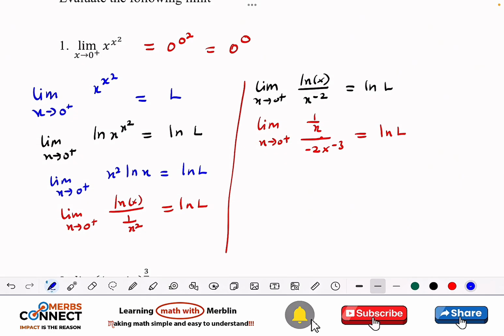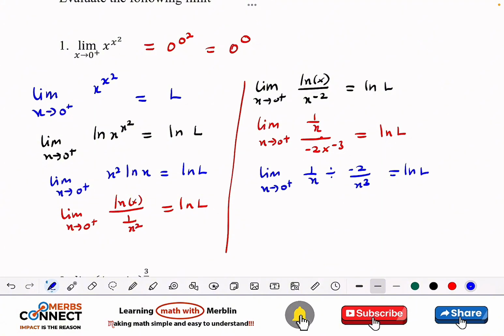So simplify this, and you are going to have the limit as x approaches 0 from the positive of 1 over x divided by minus 2 over x to the power 3.